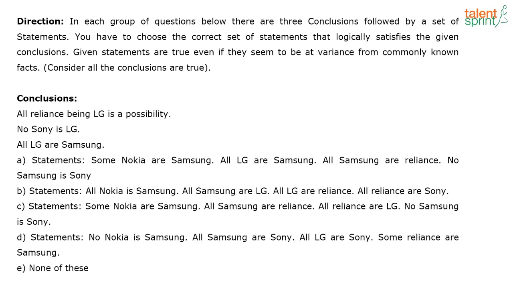To get a negative conclusion, definitely there has to be some negative sentence in the statements. So check all the options, and if there is an option wherein no negative statements are given, everything is positive or particular and you have no universal negative statement, then eliminate that option. That will definitely not be useful.